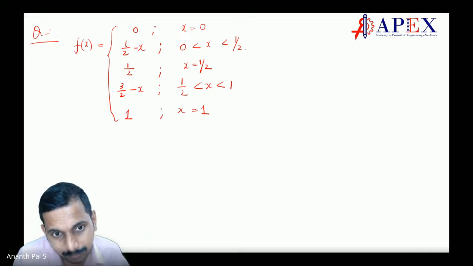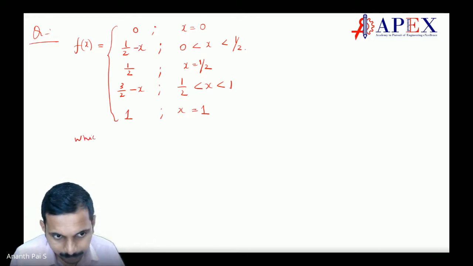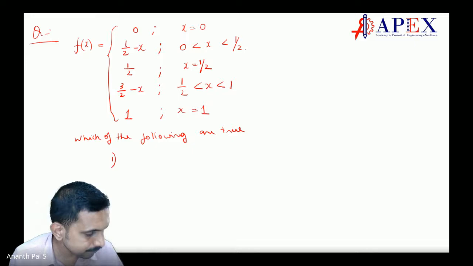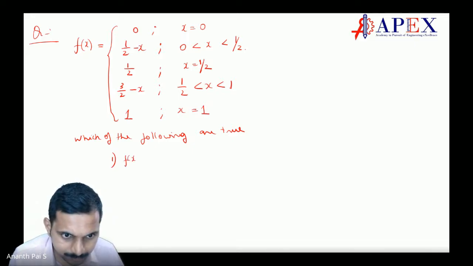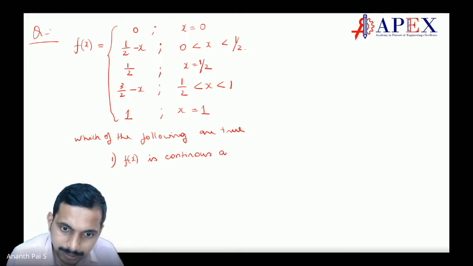Fine. Which of the following are true? First: f of x is continuous at x is equal to 0.